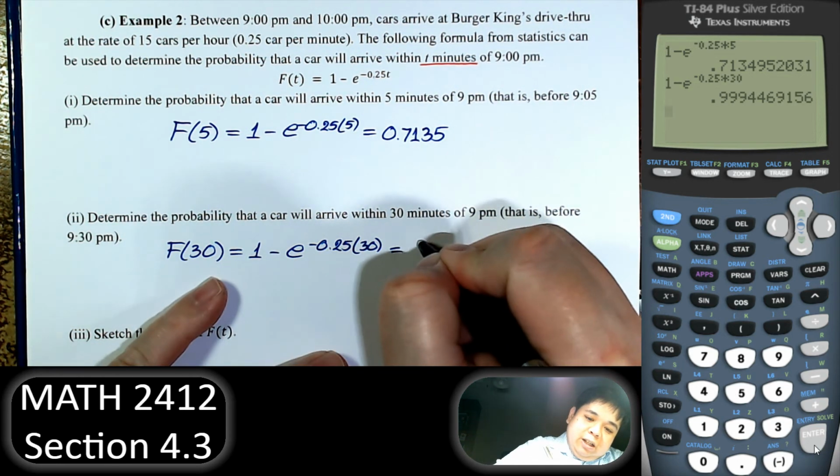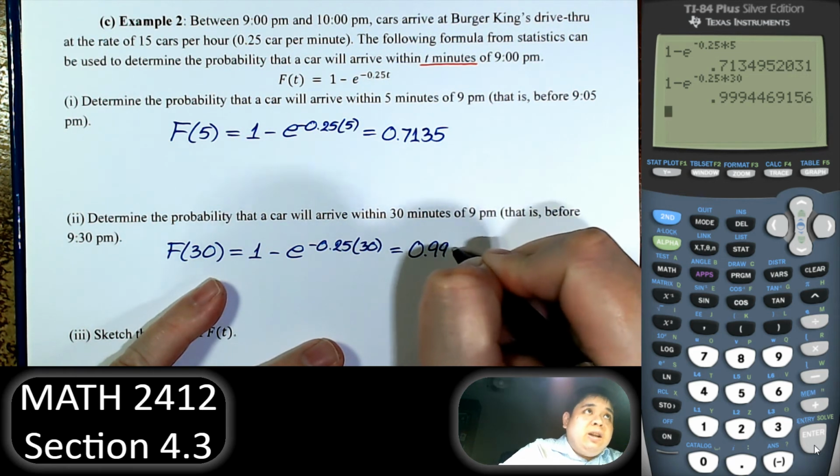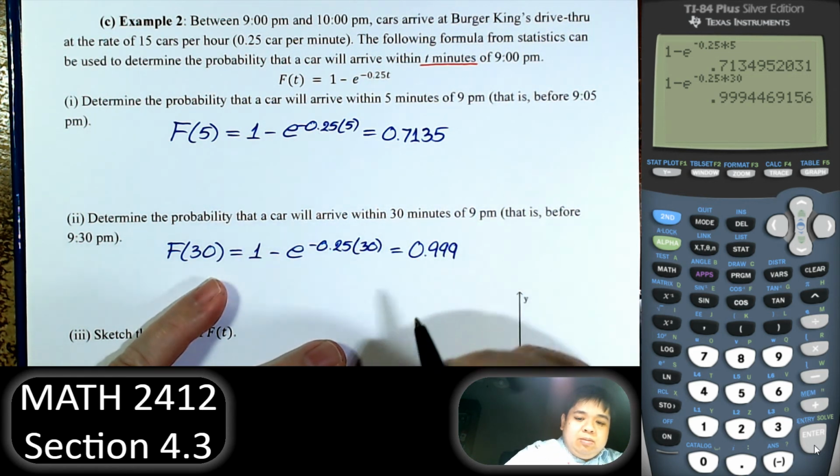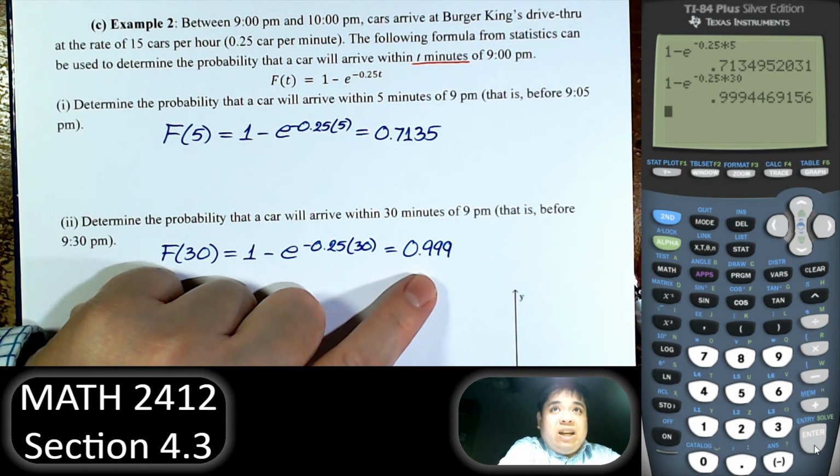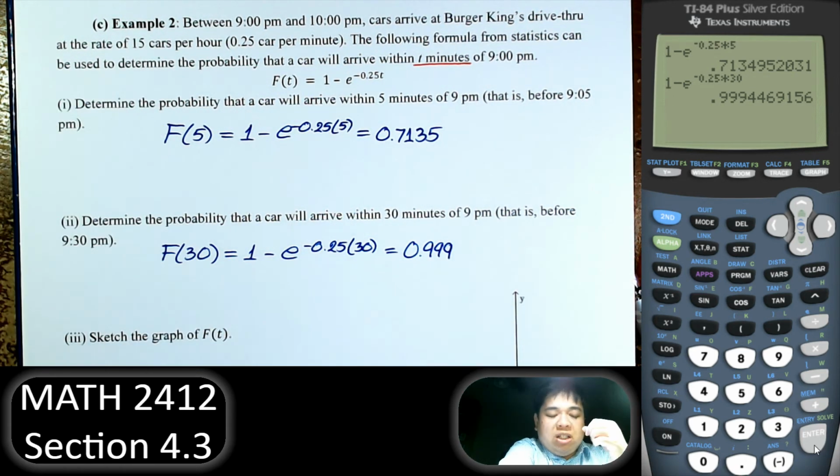And we have 0.999. And by the way, this is almost 100%. Almost 1, which is 100%. So does that make sense?